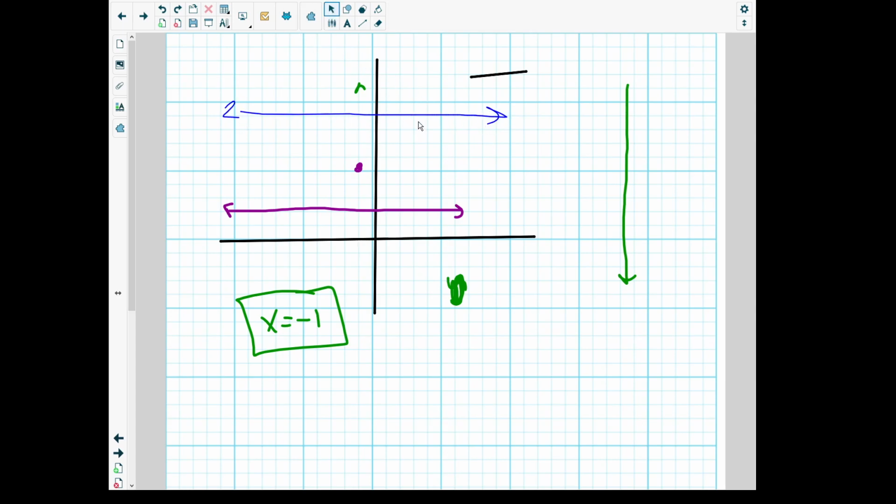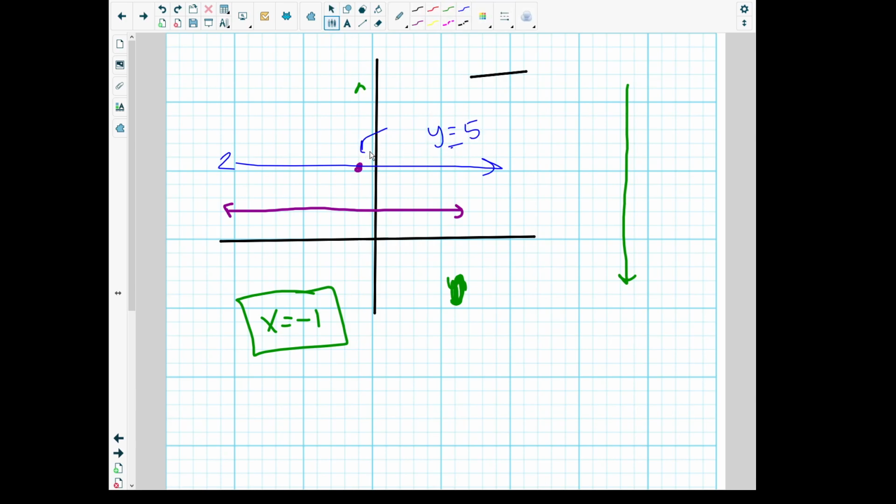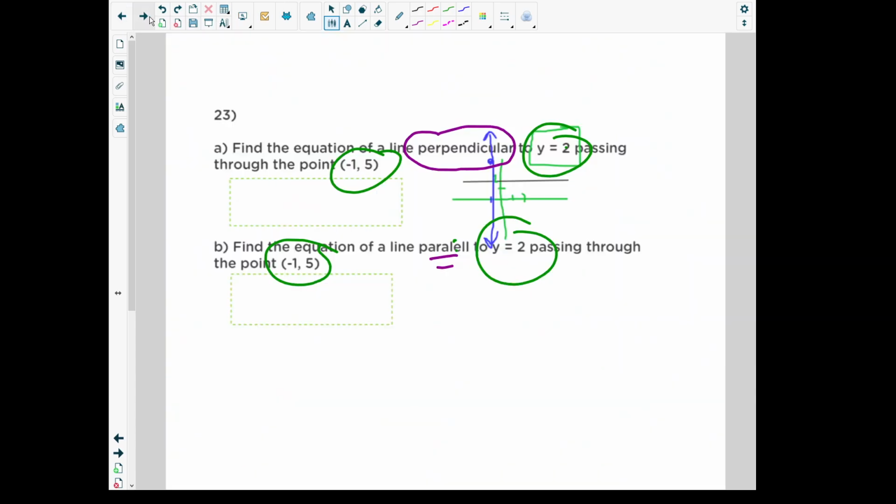Well, not really, because this one has to go through that dot. The name of that one, by the way, is y equals 5. That's just the y value of this dot. Of course, you can type it in there. And this one was x equals negative 1 because it's got to go through that negative 1 value. Very, very simple problem.